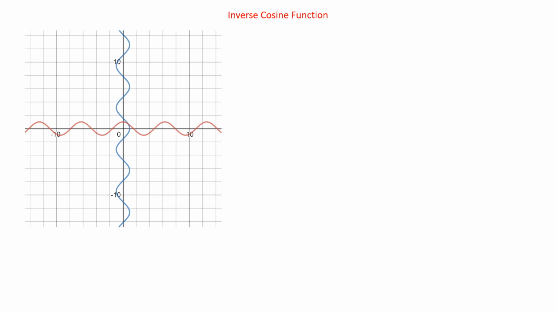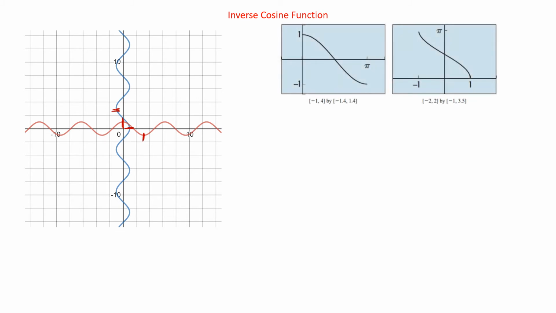And as opposed to having everything be in the negatives here, we take everything in the positive. So we're going to start from 0 and go to pi, which when you flip that, when you do the inverse, starts from 0 and goes to pi. So it looks kind of like that.